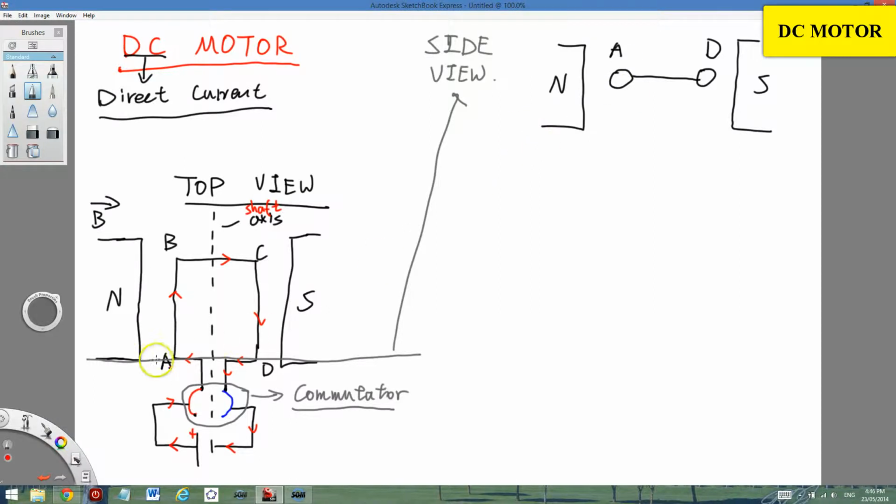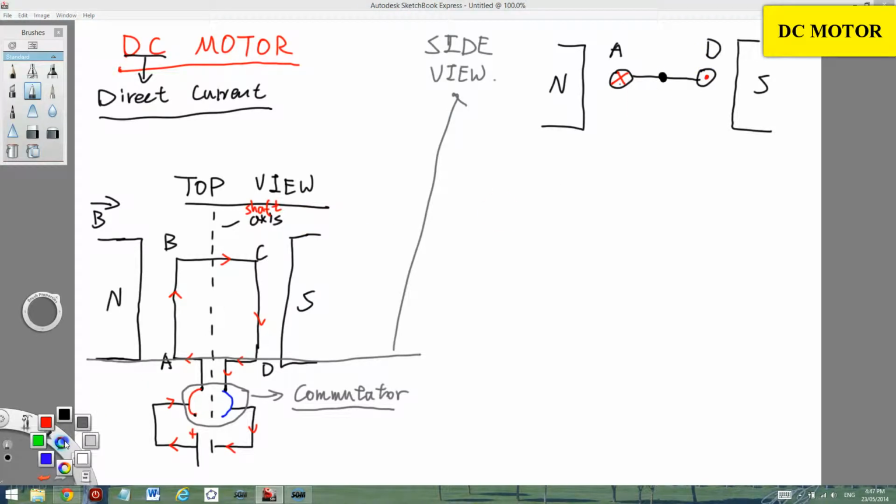Now look at the side view. The current travels from A to B. In the side view, the current goes into the page at point A and comes out of the page at point D. Here is the center. In the center, let me draw a line. There's a shaft. Draw a point.